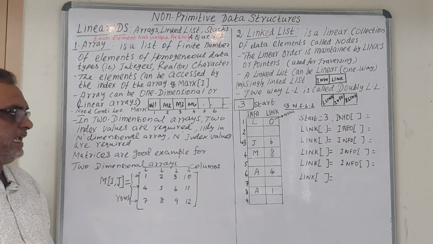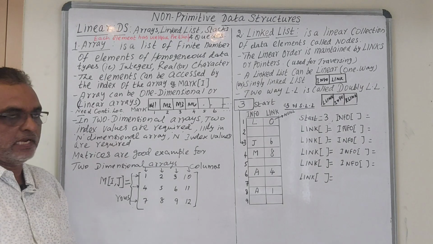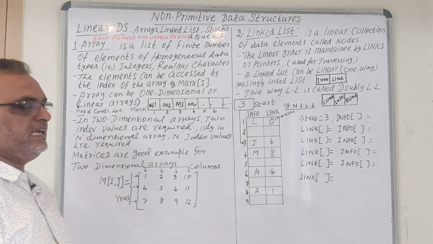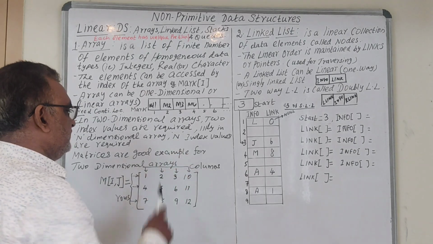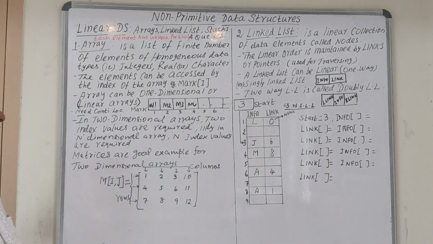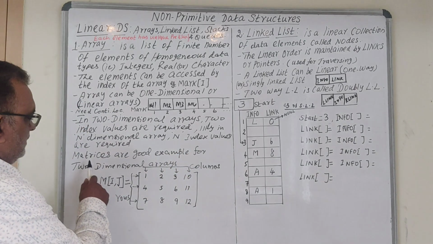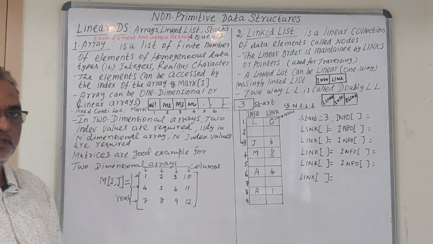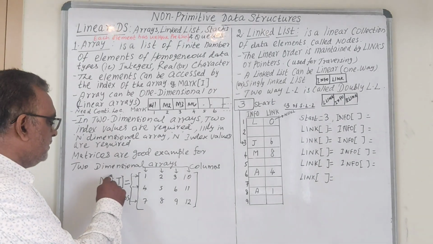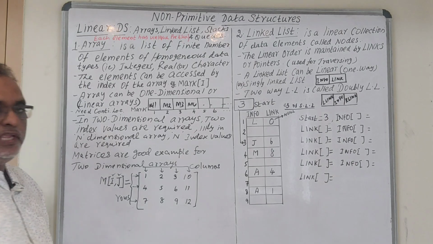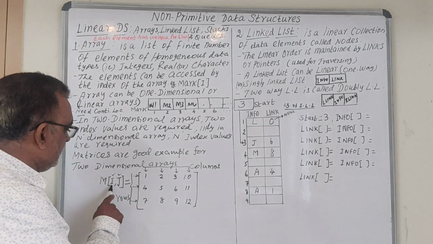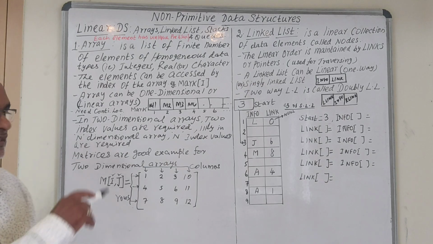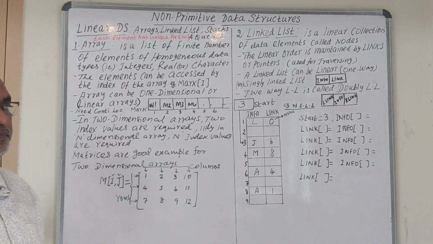In a two-dimensional array, two index values are required. Similarly, in case of an n-dimensional array, we need n index values to represent it. Matrices are a very good example of a two-dimensional array, in which we have two index values. So this I represents the number of rows and this j represents the number of columns.